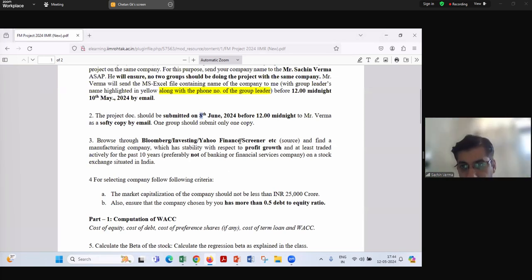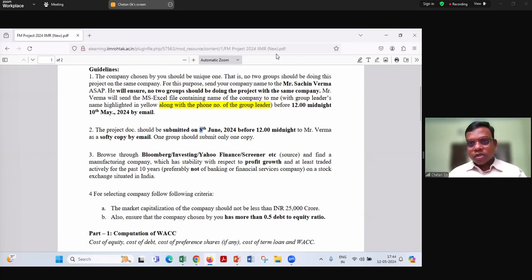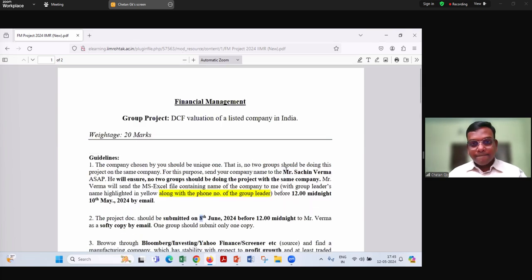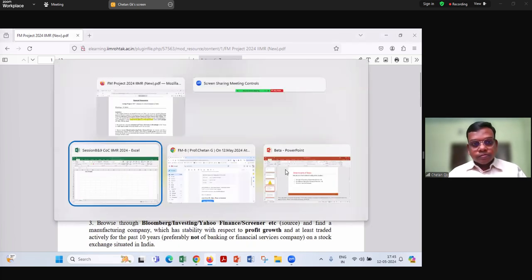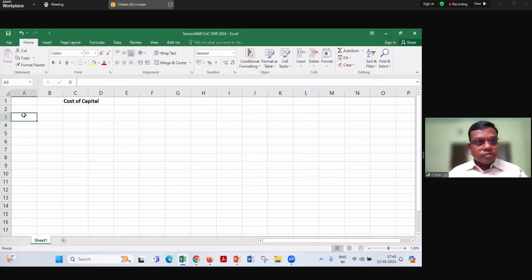Fine. Any doubts you have, class, before we move on to the cost of capital? Tell me, what is this cost of capital, just in case anybody knows?